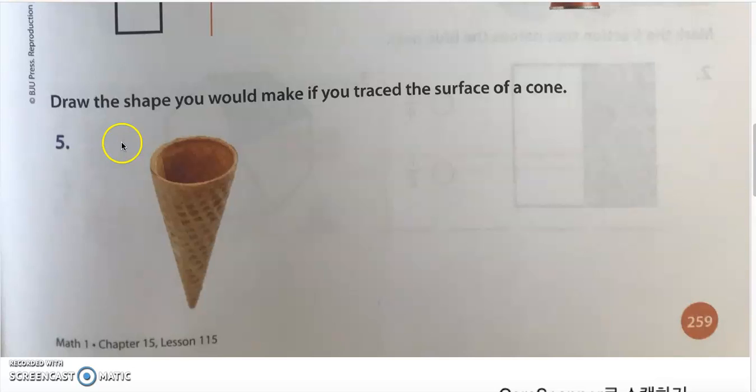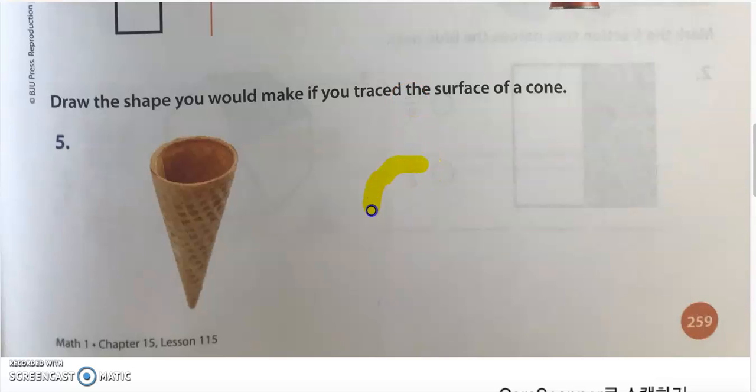Okay, number 5, you'll have to draw the shape you would make if you trace the surface of a cone. Okay, so this is a little tricky question, but let's read the question one more time. Draw the shape you would make if you traced the surface of a cone. The surface is over here, right? So if you put it down, and if you were to trace the surface with your pencil on a paper, then what shape would you get?